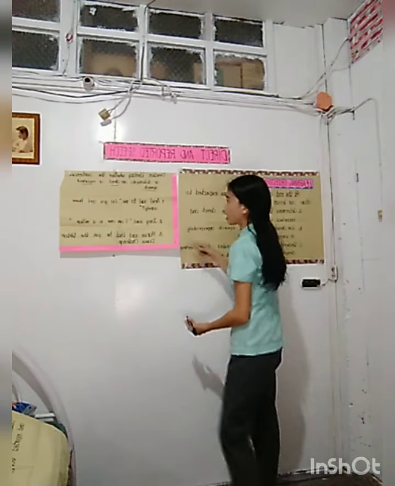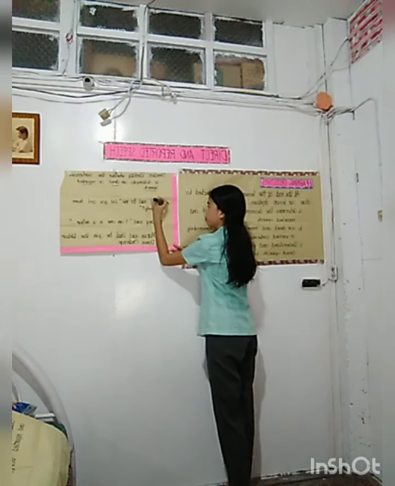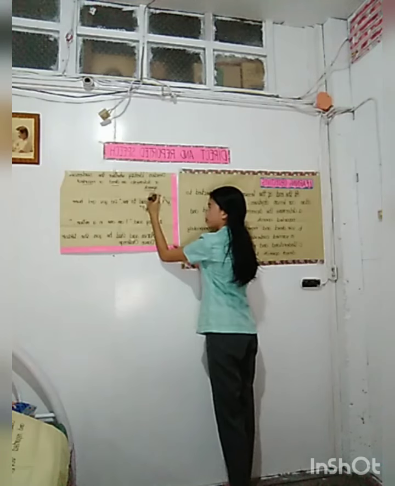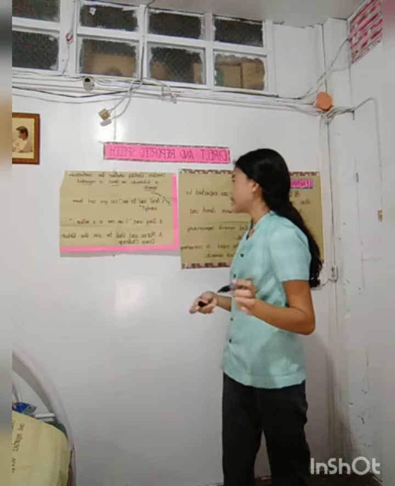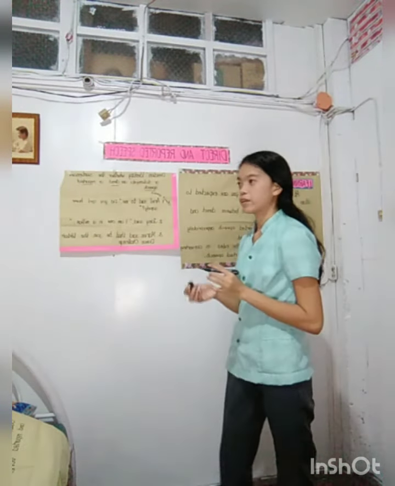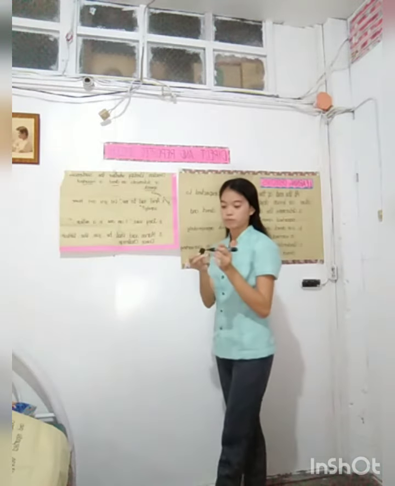This one is a direct speech. For number 2, we have Joey said, "I am one in a million." Is this a direct or reported speech?